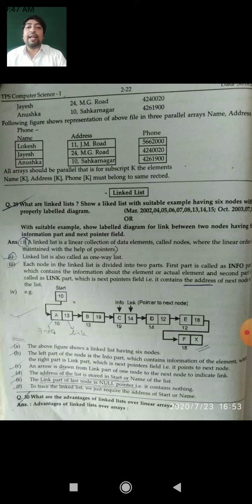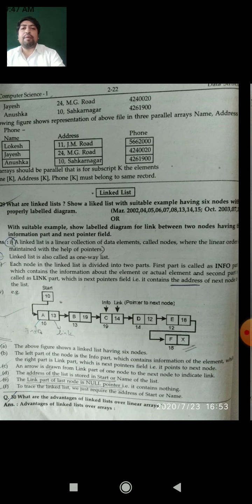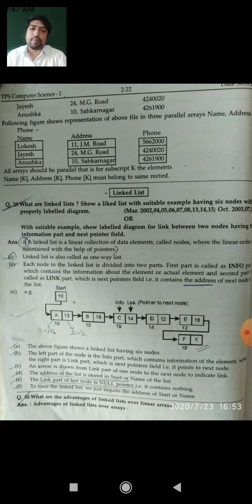What is a linked list? Show a linked list with a suitable example having 6 nodes with a properly labeled diagram. This question gives us a detailed idea about linked list.